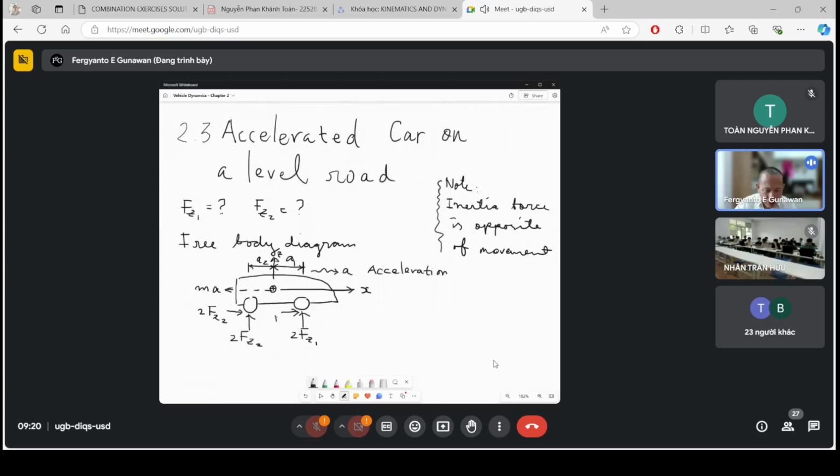Similarly, we have FX1 here, and we also multiply by 2. So this is the free body diagram, and now we are ready for the next step.